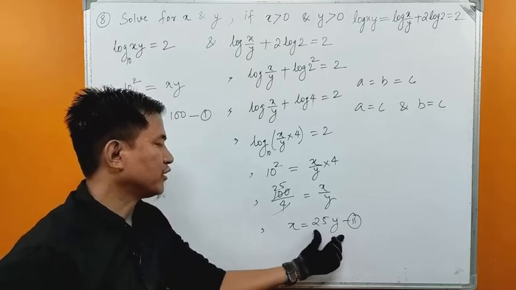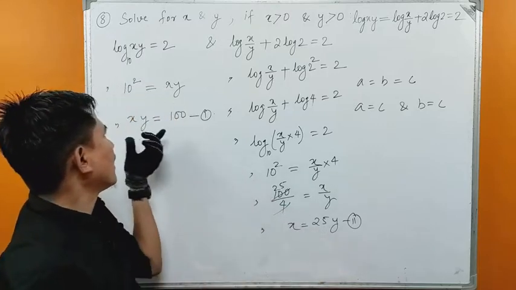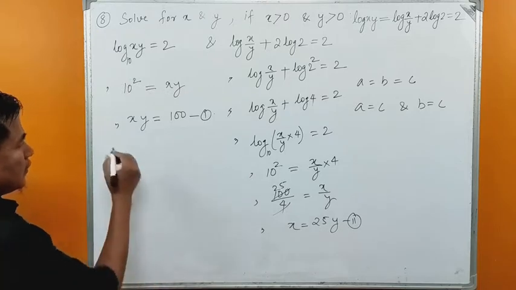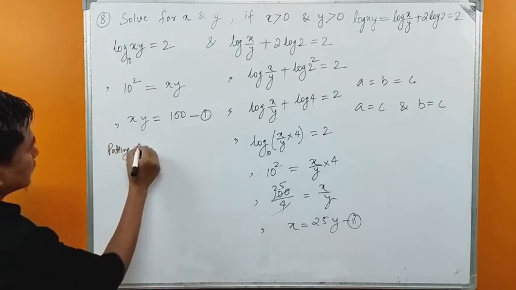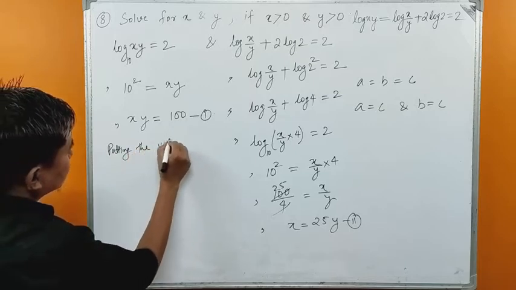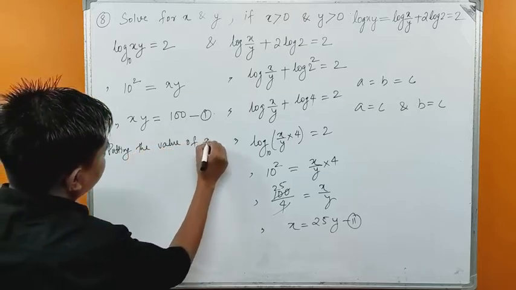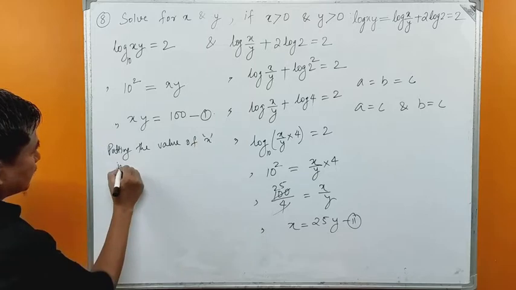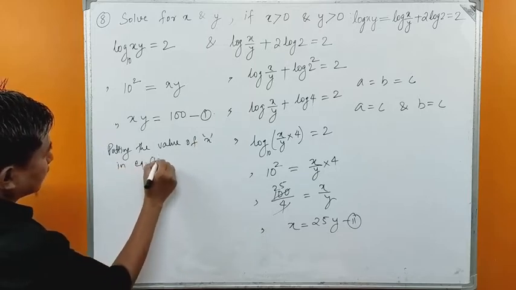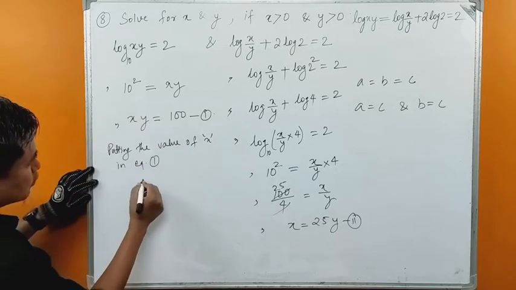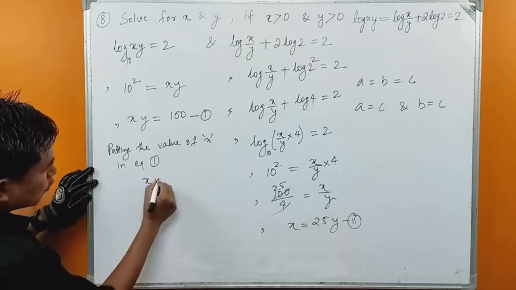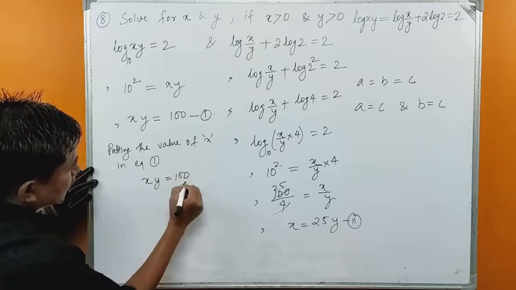So let us put the value of x in equation 1. Putting the value of x from 2 in equation 1: x into y equals 100, this is equation 1, isn't it?